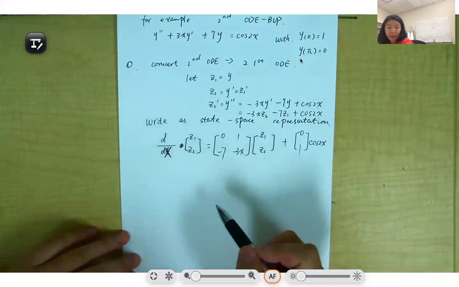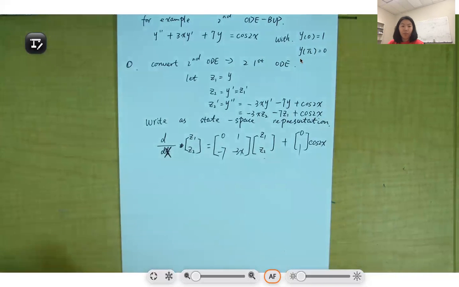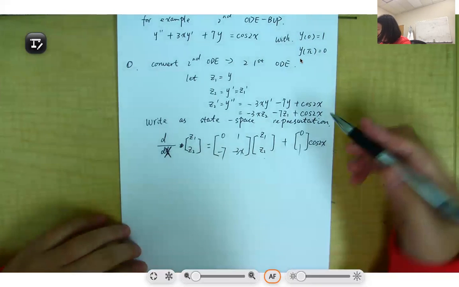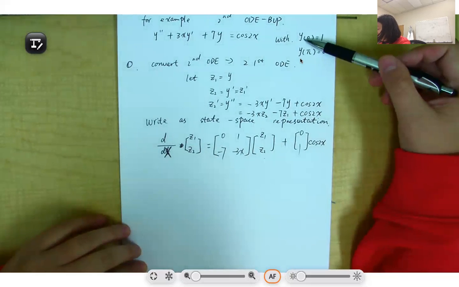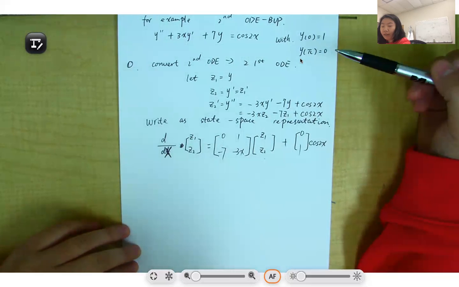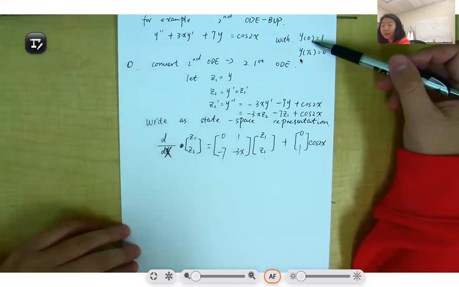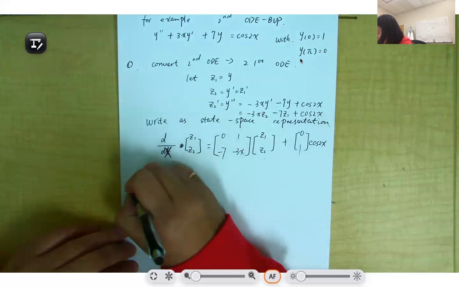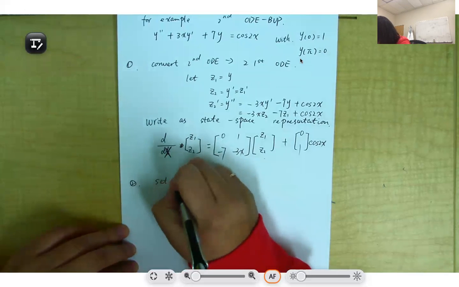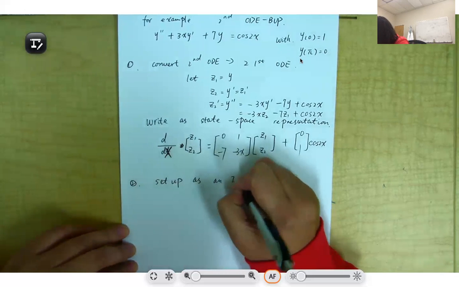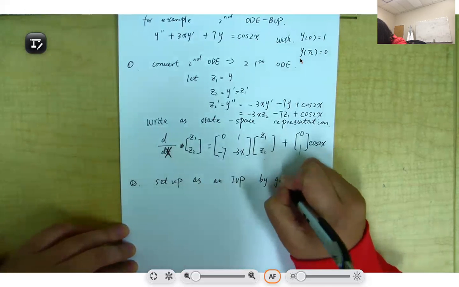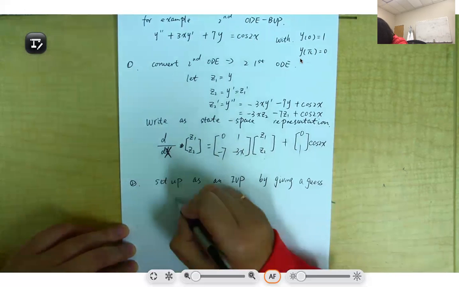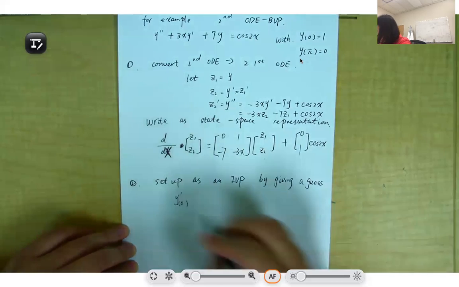Then another thing we need to figure out is what missing conditions we need to have. As our boundary values, we have y(0) and y(pi). We don't have y prime at the 0 point, so we are missing y'(0). Then the second step is to set up an initial value problem by giving a guess value, y'(0) equals alpha.